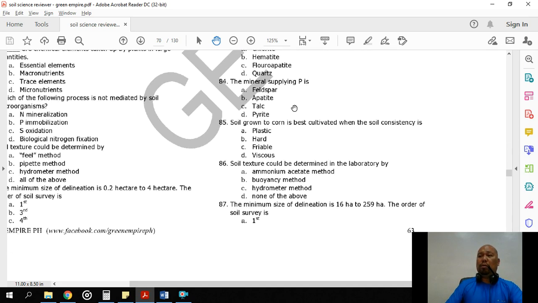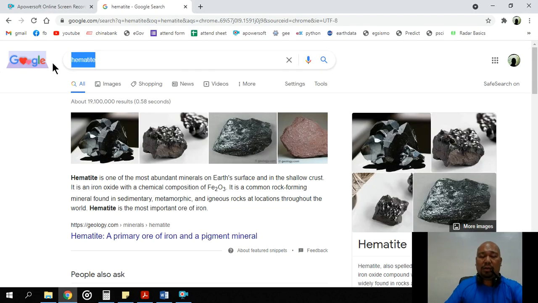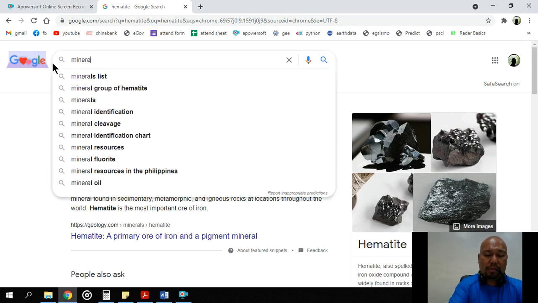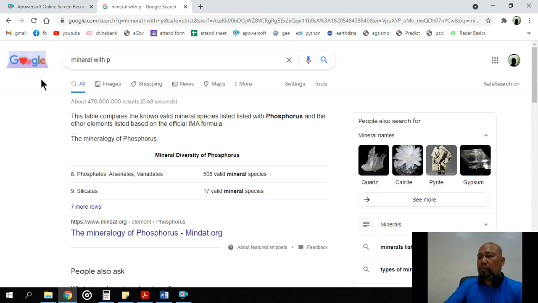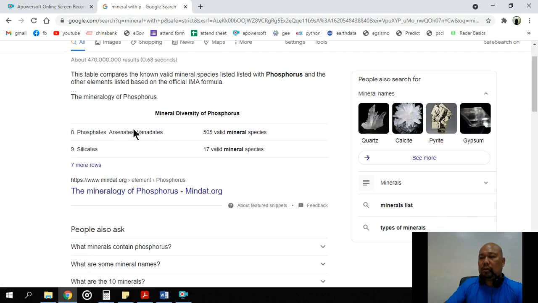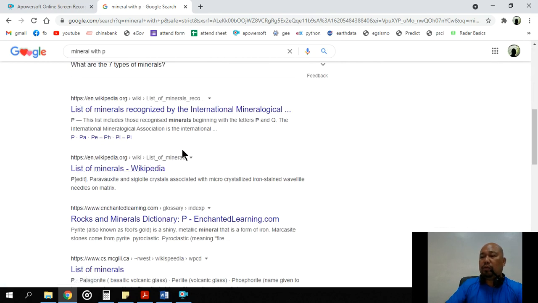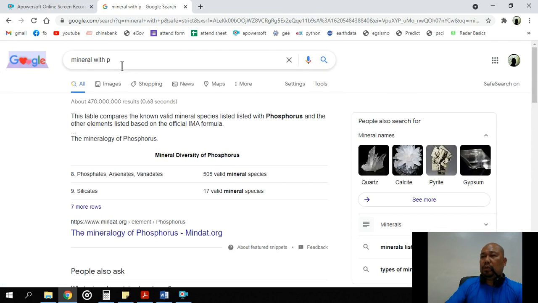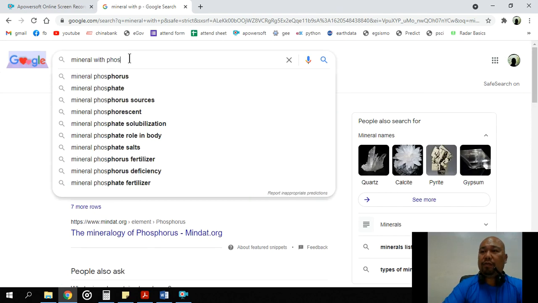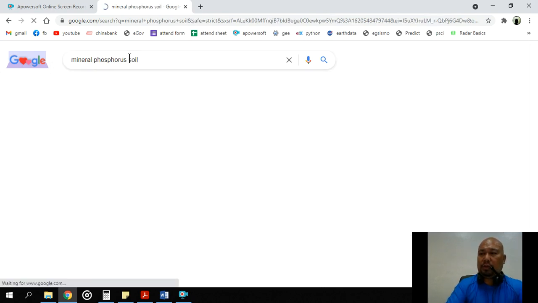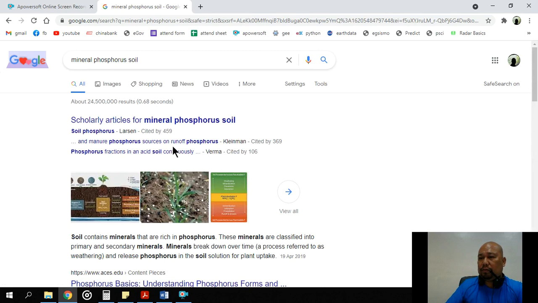The mineral supplying P. Whoa! I don't know. Feldspar, apatite, talc, pyrite. This is just one. I think Ma'am Alesna covered this one. Mineral with P. Phosphorus, not potassium. Okay. Phosphorus. Mineralogy of phosphorus. Mineral with phosphorus in soil. What is it?